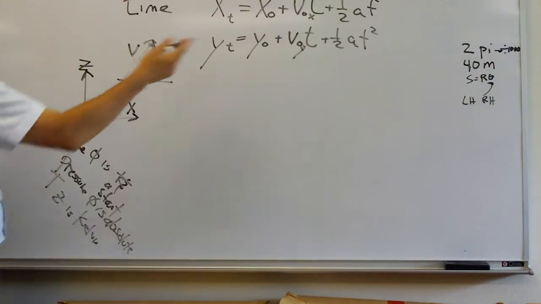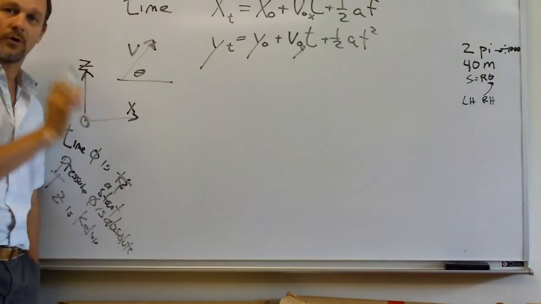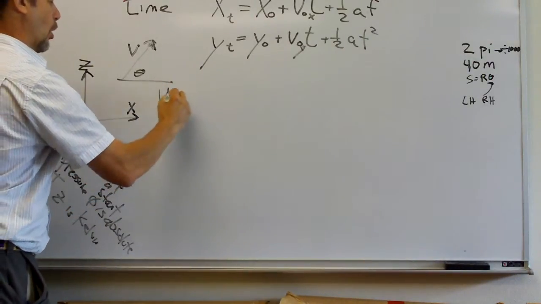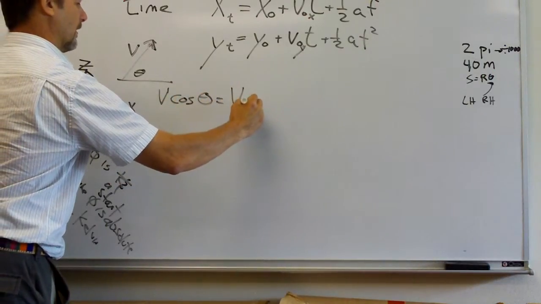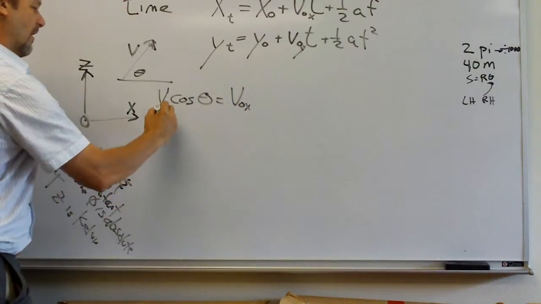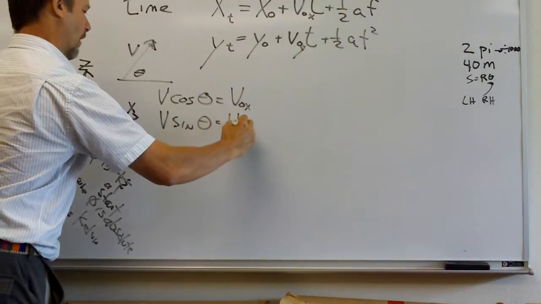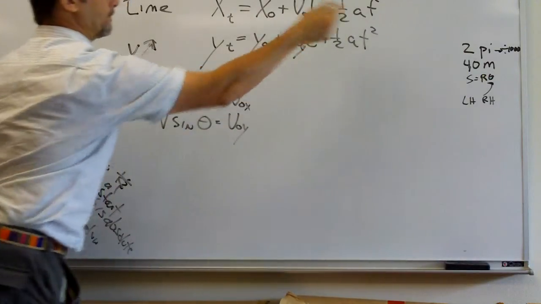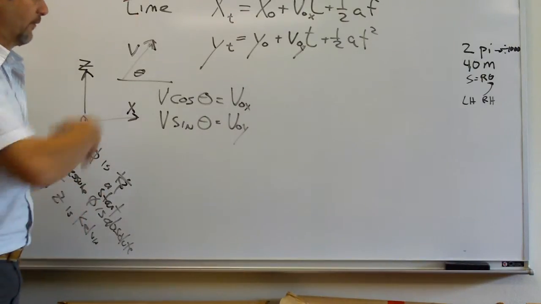And if you know v naught in the x direction, v naught being the velocity at time 0 or your initial time, it's going to be v times the cosine of theta is what v naught in the x direction is, and v times the sine of theta is v naught in the y direction. You can eventually, when you go through this, get rid of time and just have x in relationship to y, and you would have then a parabola.